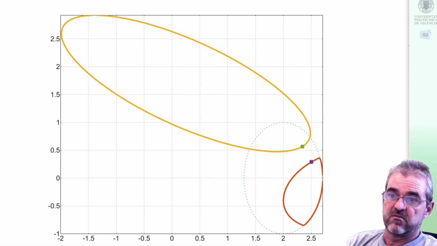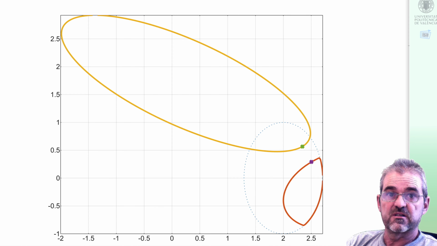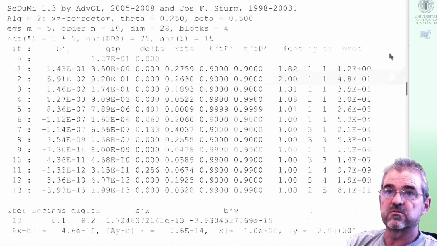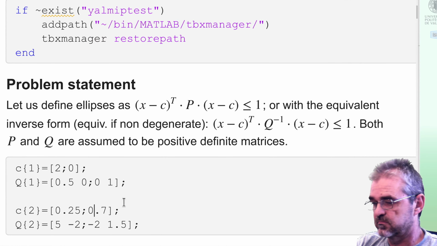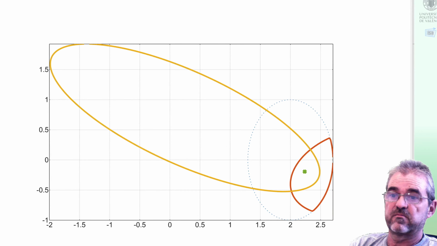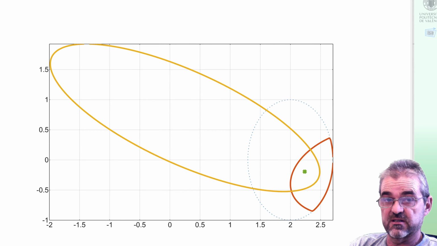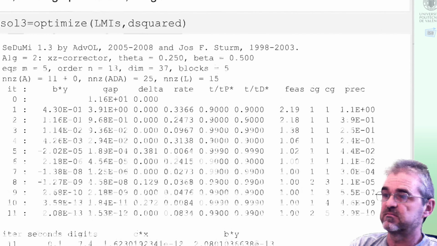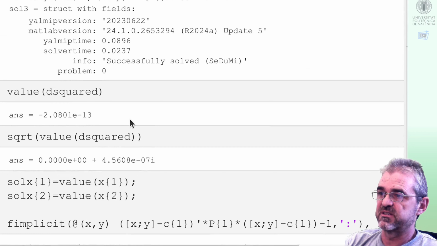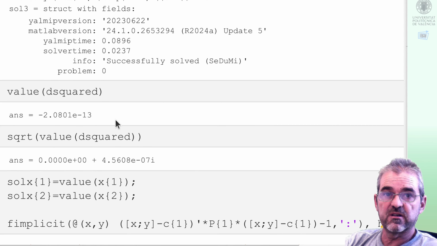And okay, if I move, for instance, the yellow ellipse downwards, then the bodies intersect, so minimum distance is 0 and the two points are overlapping, and that's it. The minimum distance is -2 times 10 to the -13.